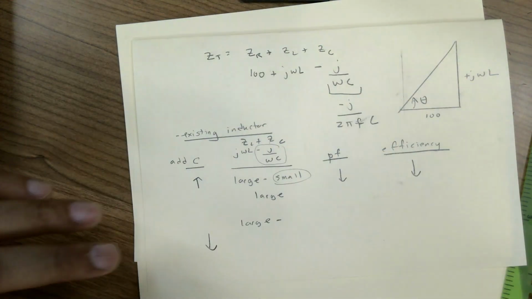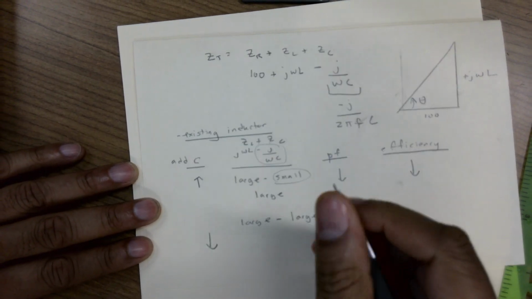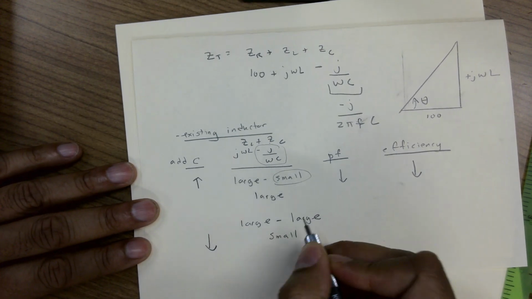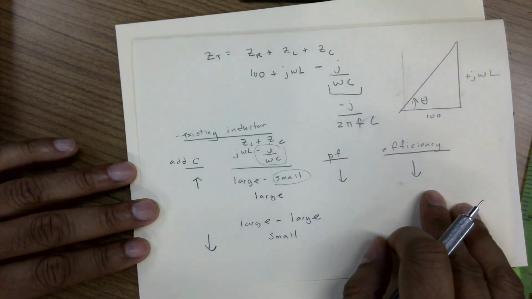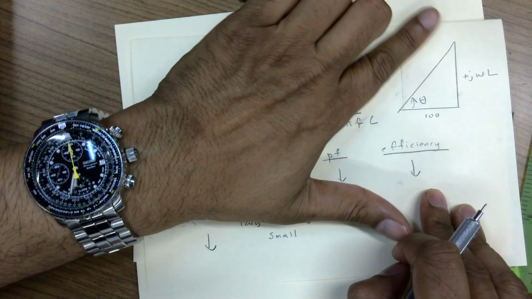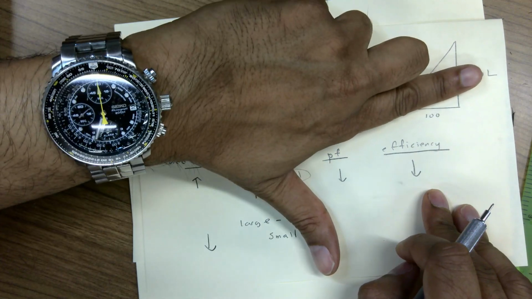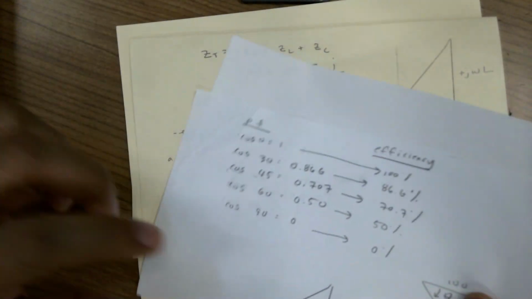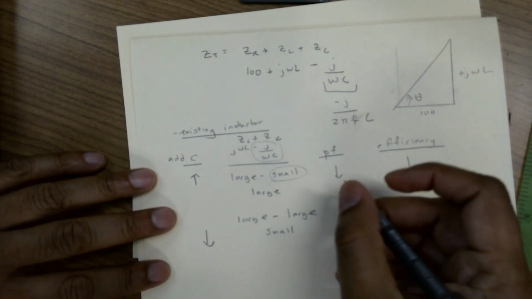It increases. So my large becomes large. What is large minus large? Very small. So now this whole effect here is very small, and this angle goes down. If the angle is low, my power factor is high, my efficiency is high.